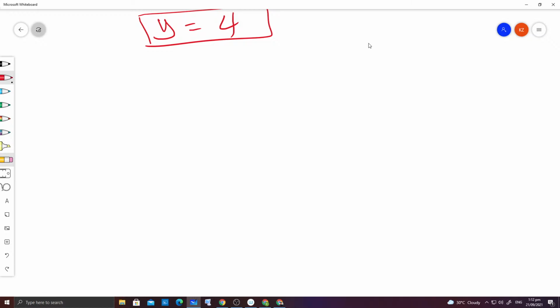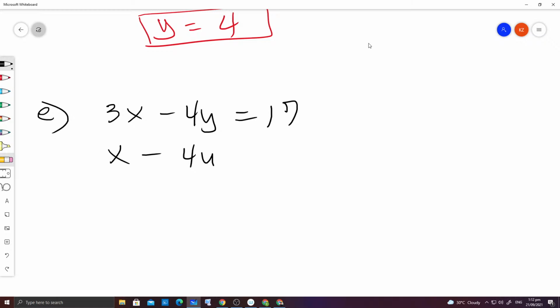I will answer letter E now and then we are finished. For letter E, 3x minus 4y equals 17, and x minus 4y equals 3. Since they are both negative, I have to multiply by positive, the opposite.